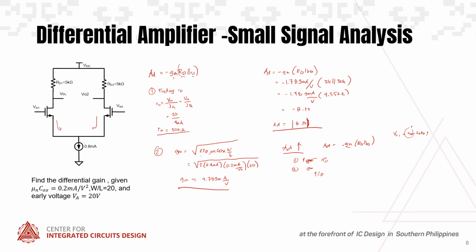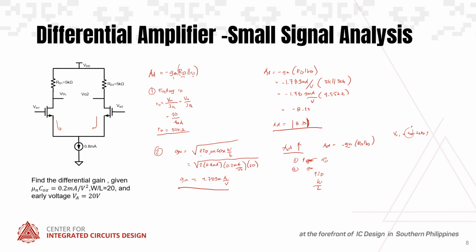Yes, we can increase the GM by increasing ID, but as we increase ID, this entails more current consumption. As a designer, as much as possible we want our design to have low power consumption, right? So that is one of the trade-offs. Second, to increase the GM, we increase W over L.